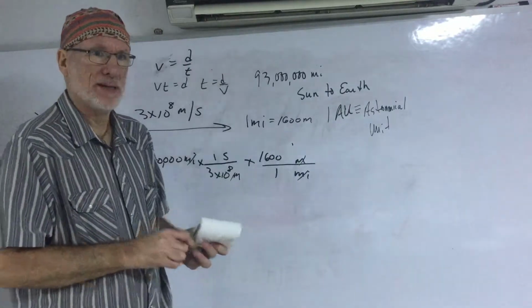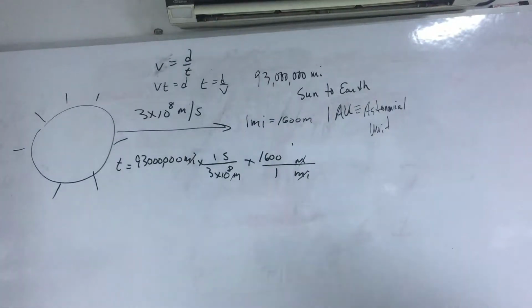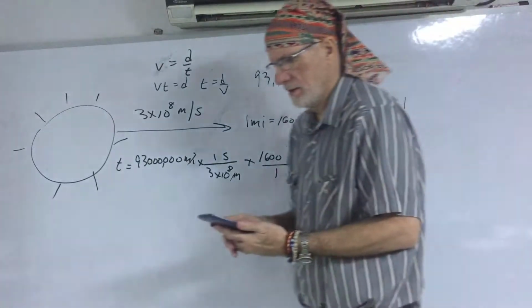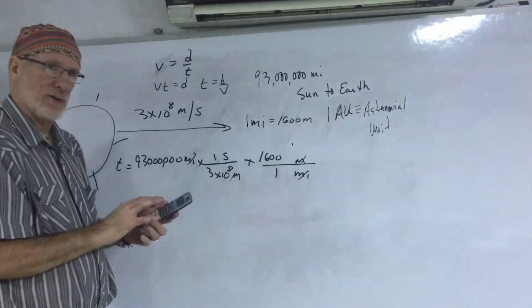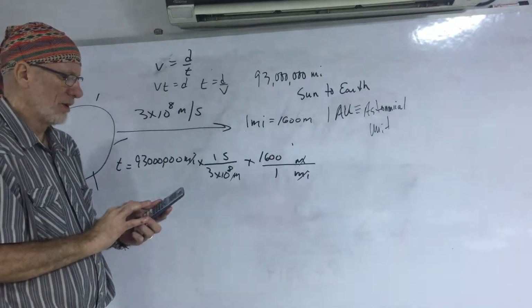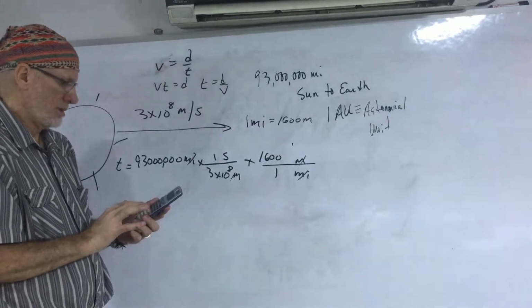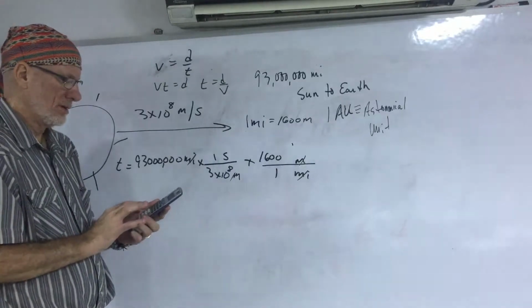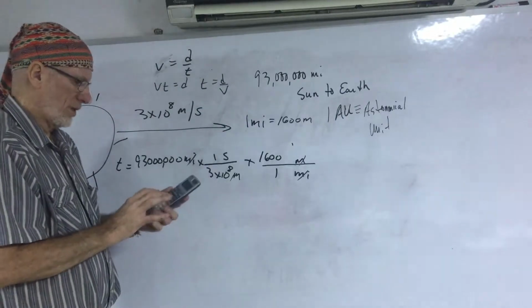Let me see. May I see your calculator? Right, but you got to divide it. So it's going to be, may I do it again? 93 million times 1,600 divided by 3.